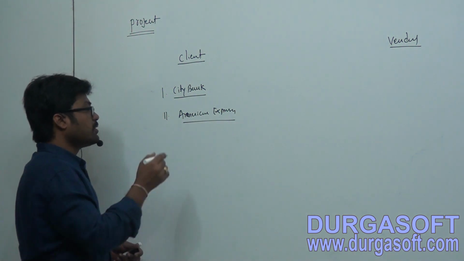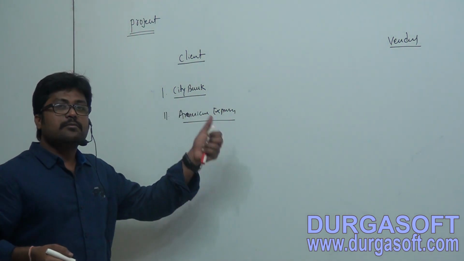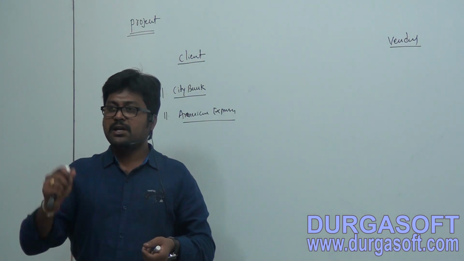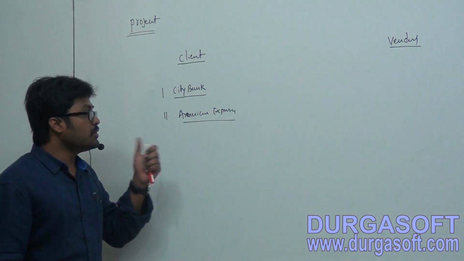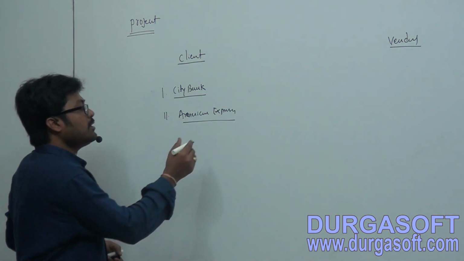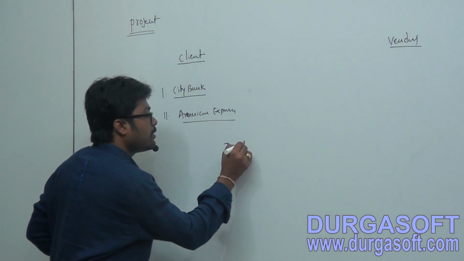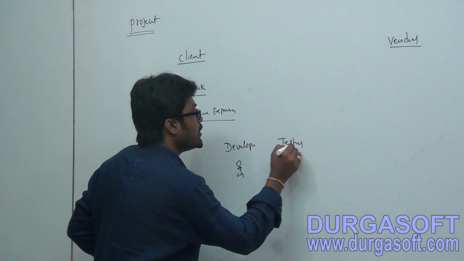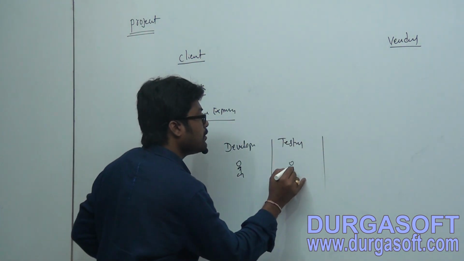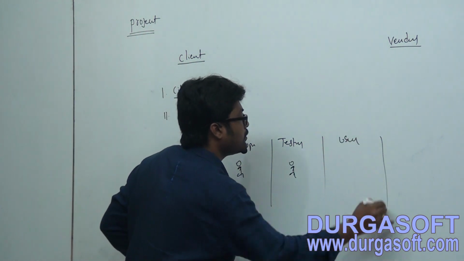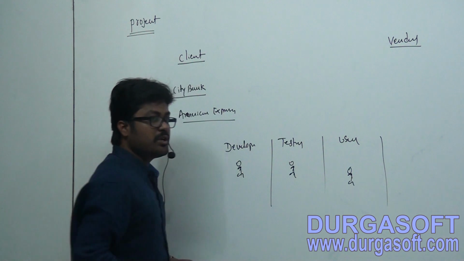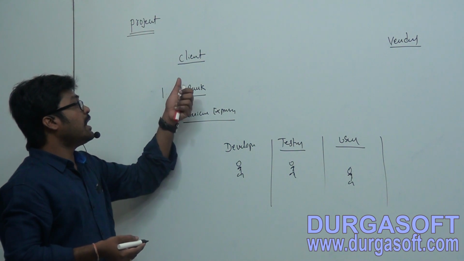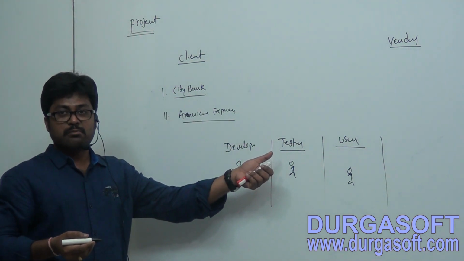We have many clients. These clients may already have applications in C or C++ or .NET. In that application, if they find any issues, then that client company's developer, tester, or user, such as a Citibank user or Citibank tester, will hire some developers and some project managers for what?